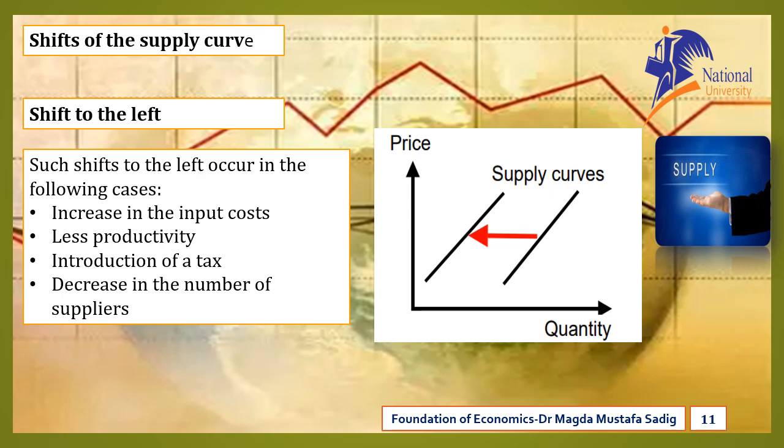With fewer suppliers, the total supply of electronics shifts leftward. So less quantity supplied at every price level leads to the supply curve shifting left. So prices may rise if demand stays constant.